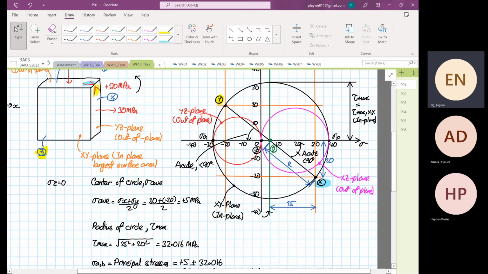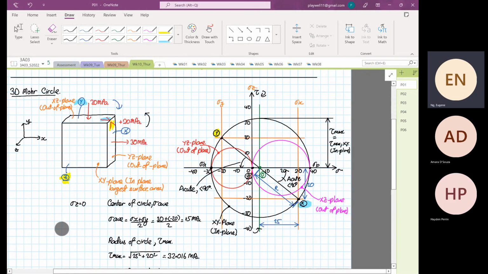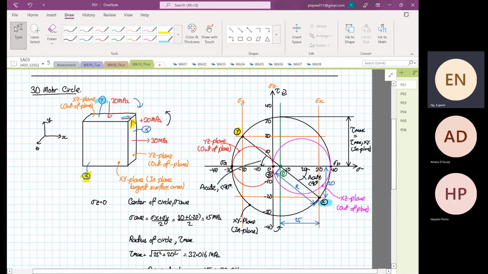Okay, as I said, constructing the circle is really easy. What it actually means, or how you actually use it, is more challenging than anything else. So let me quickly recap. Constructing 3D Mohr circle is very straightforward, as you can see. No changes in terms.